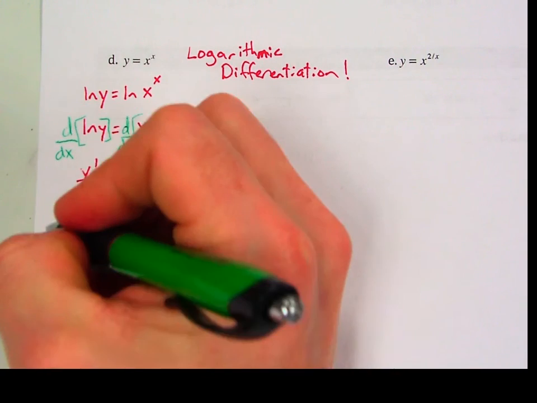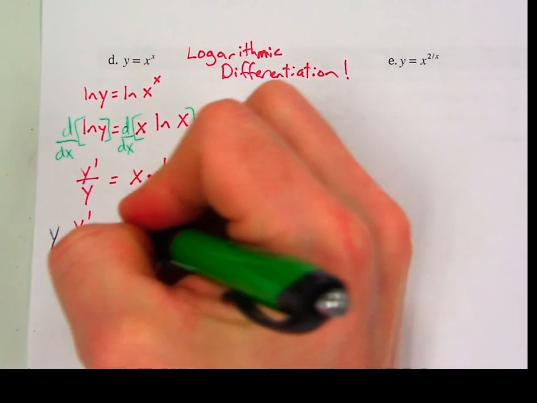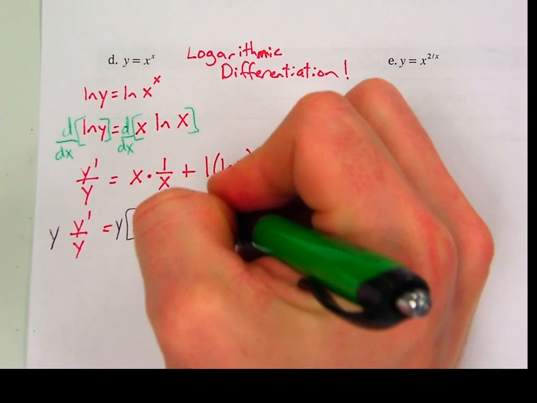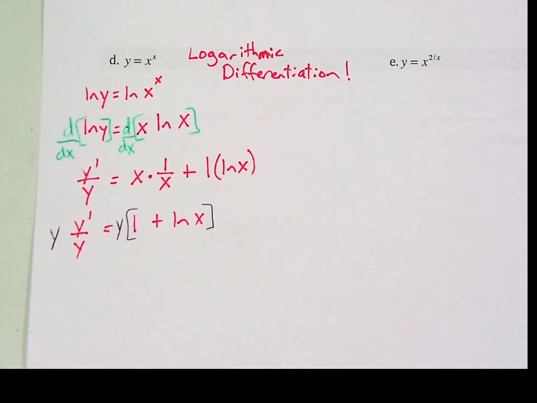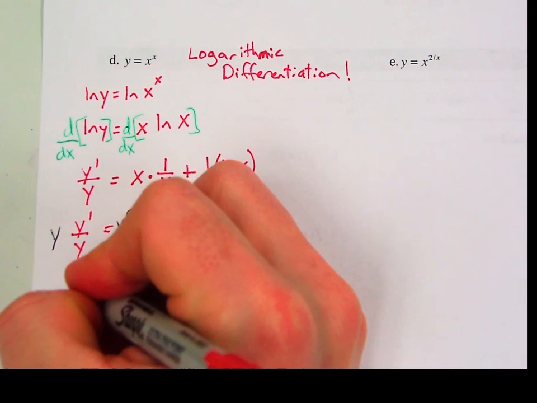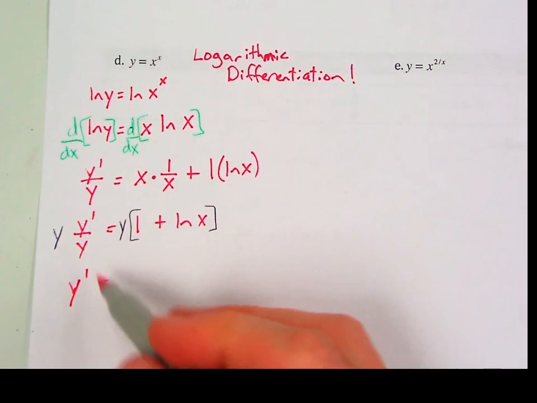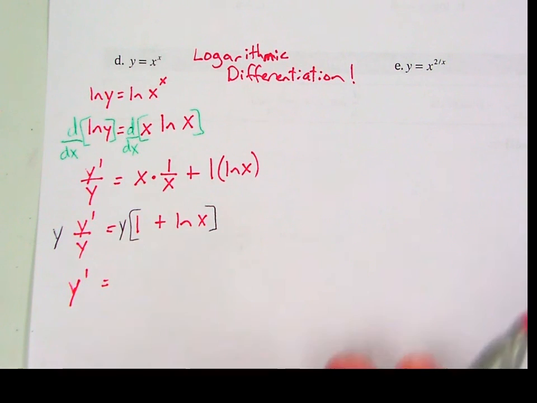Now we are going to multiply both sides by y. Notice we do that because we're looking for y prime. That's our ultimate goal.